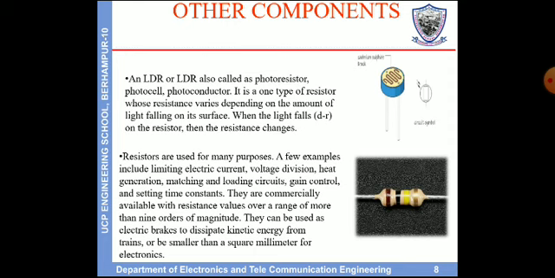According to the change in resistance, by coding we give it as an input to the microcontroller, and according to the change, the microcontroller produces PWM signals. According to the PWM signal, the servo motor rotates its position, and the solar panel is rotated accordingly. Resistors are also used for current limiting.